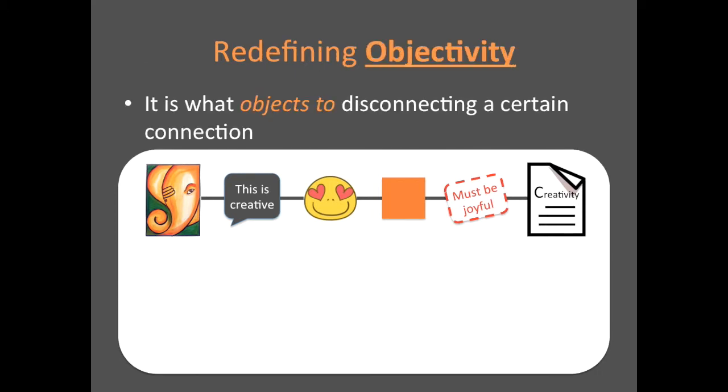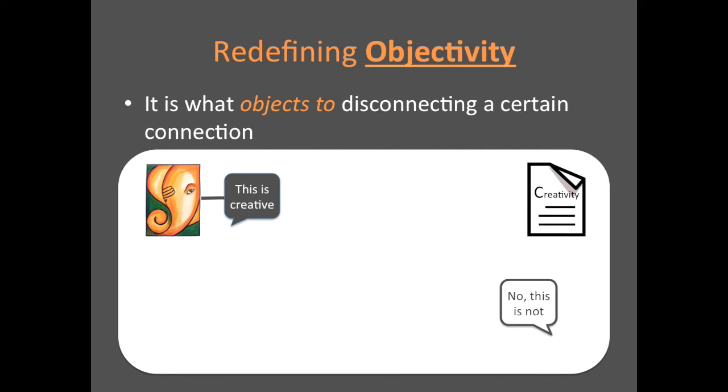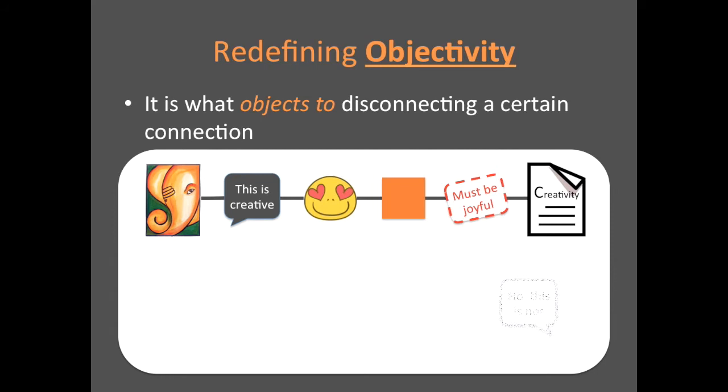Objectivity is what objects to disconnecting a certain connection. For instance, an easy way for someone to interrupt the connection between the painting and the notion of creativity would be to say, no, this painting is not creative. But what is interesting is that the emotion I felt, the special kind of color I saw, and the rule I recognized could all be used to object to this disconnection.